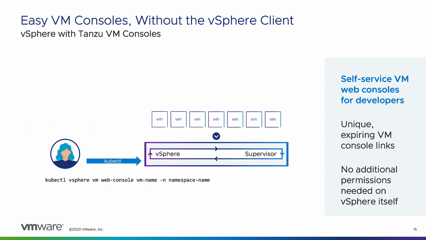And we want to bring that facility to the DevOps users as well, but without having to grant them full vSphere client access, because we want to maintain this separation of role and identity here.